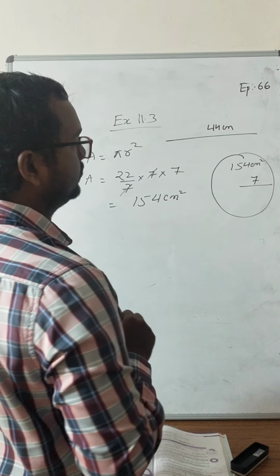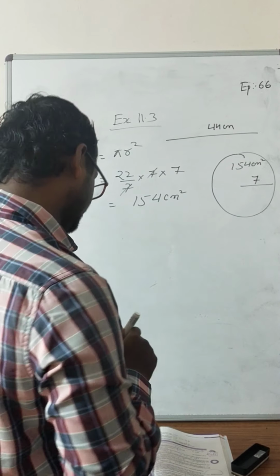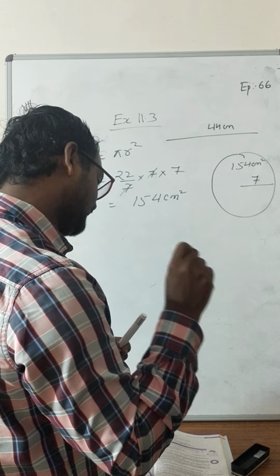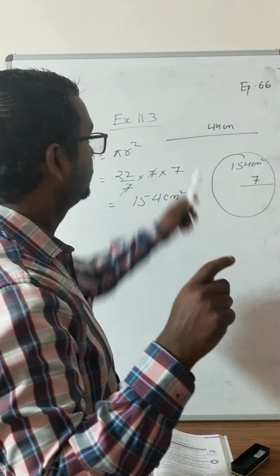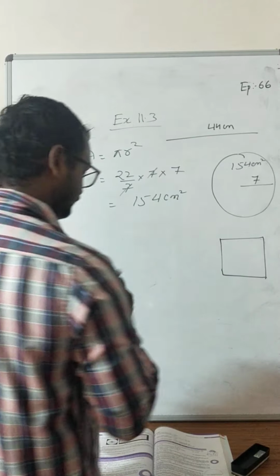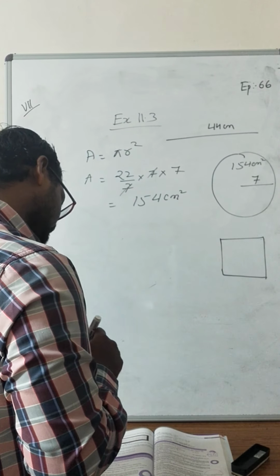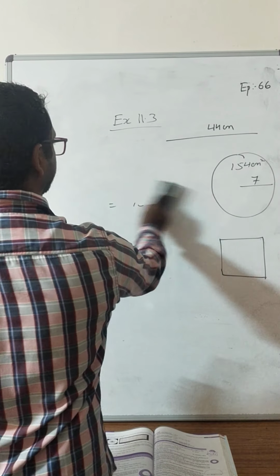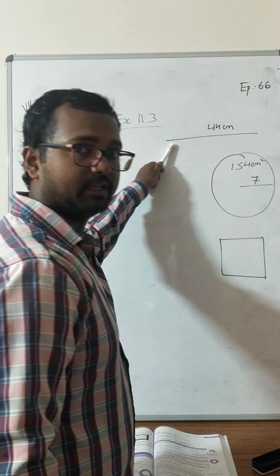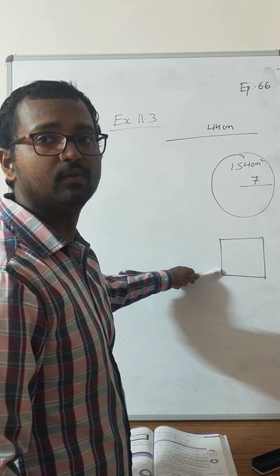The next question is, if the same wire is bent into a shape of a square, what will be the length of each side? See, if the wire was 44 centimeter, then the perimeter of this square is also equal to 44 centimeter.